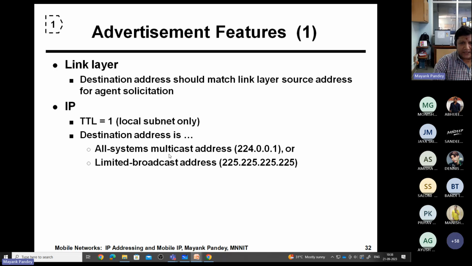They use the all system multicast address 224.0.0.1, or they will use a limited broadcast address for that subnet. Foreign agent or home agent keep on doing these periodic broadcasts or all system multicasts, setting TTL equal to 1 because this is for that local subnet only.